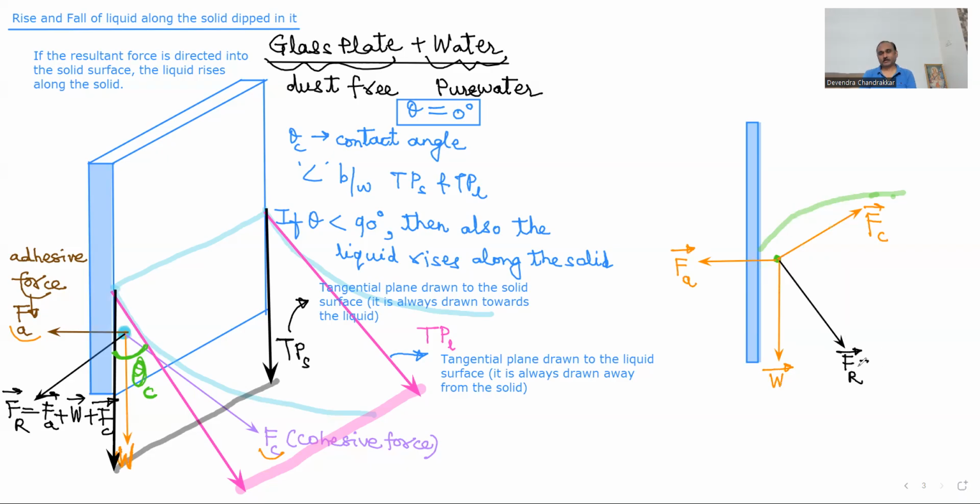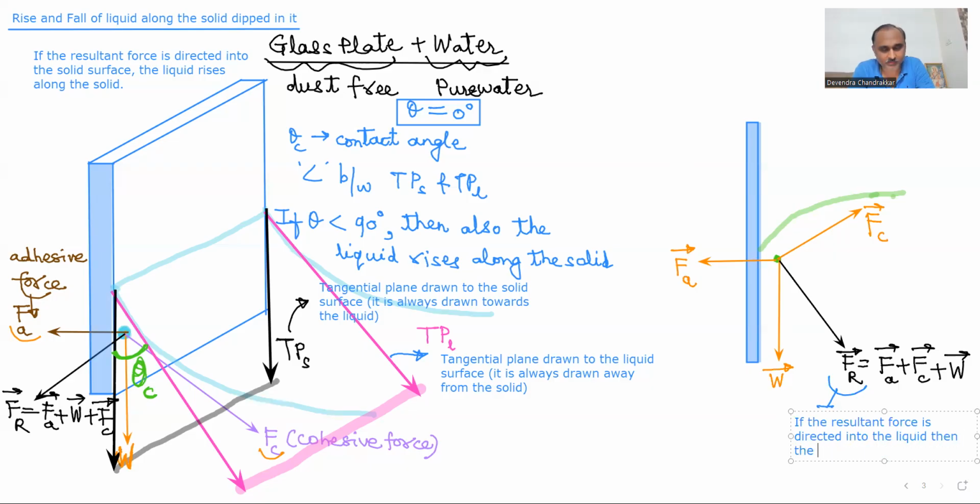You can see here, this is the resultant of Fa plus Fc plus W. If the resultant force is directed into the liquid, then the liquid falls along the solid. Okay, children?